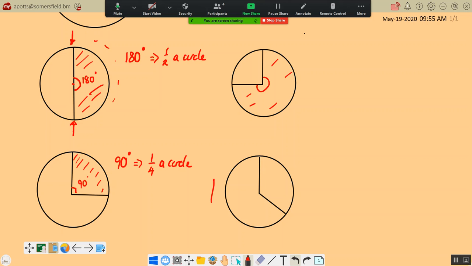So what angle is that? If this is 90 degrees, but I want this side of it, what's the angle that I have gone through? Yeah, good. So that's 270 degrees. So 270 degrees, what's the fraction? Yeah, good. 3/4 of a circle.